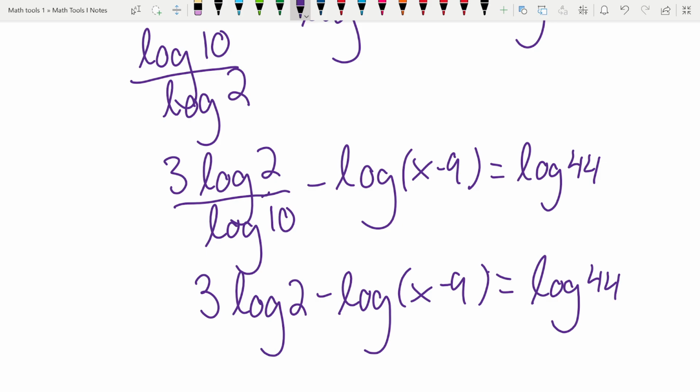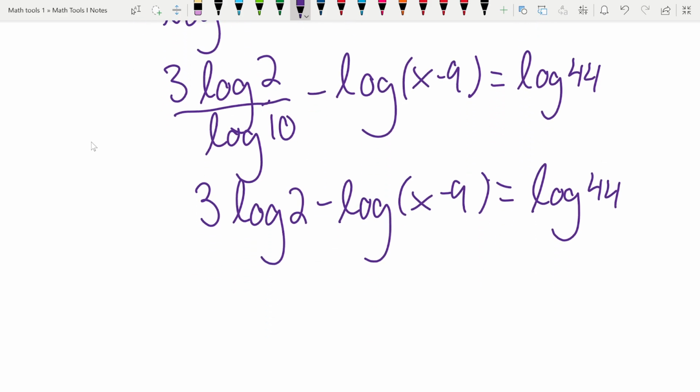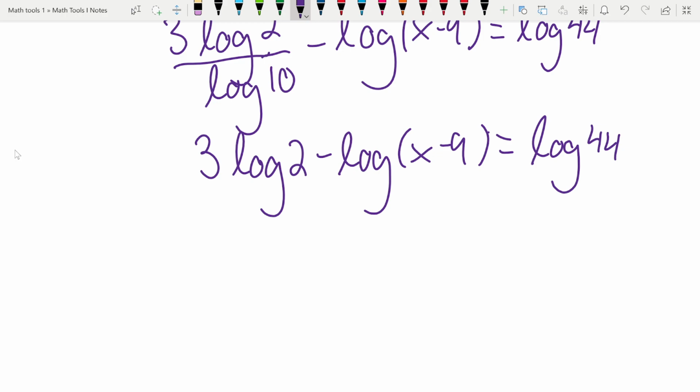Okay, so now, again, a few ways we could approach it. First of all, we could use the power rule to bring that 3 into here. So this is log base 2 to the third, which is log base 8.